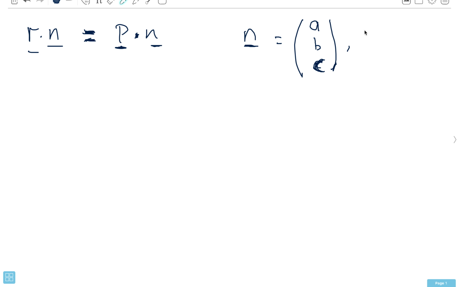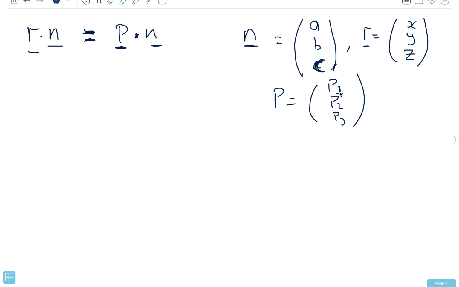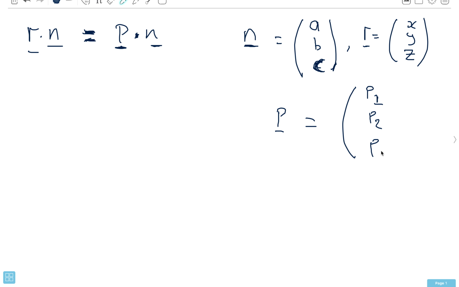Now we'll say that R is equal to X, Y, Z. P is equal to, we'll use P1, P2, P3. My handwriting's so messy. P is equal to P1, P2, P3.